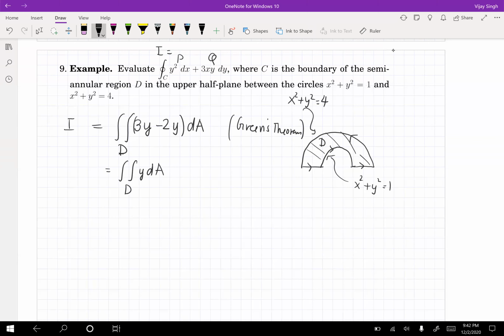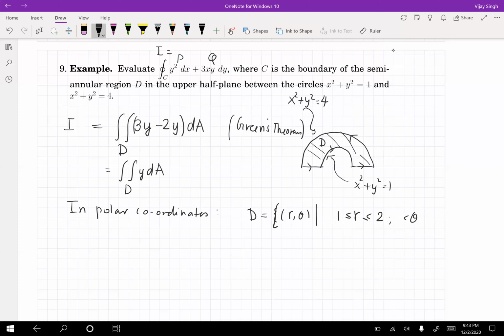Now for region D, we need a plan. We want to do a double integral. Note that region D in polar coordinates looks much better, right? So in polar coordinates, your D is simply (r, theta), where your r goes from 1 to 2, right?